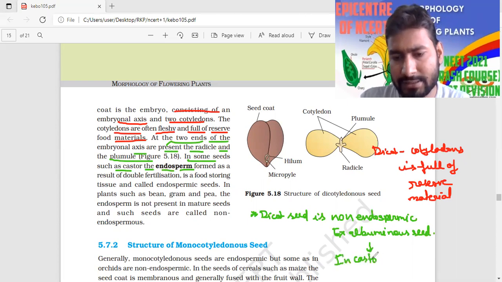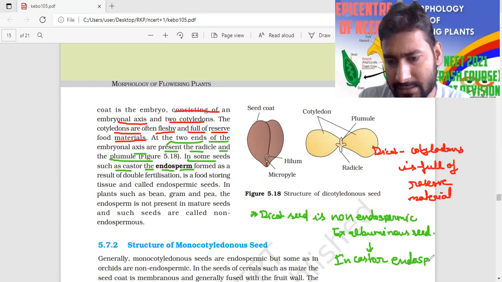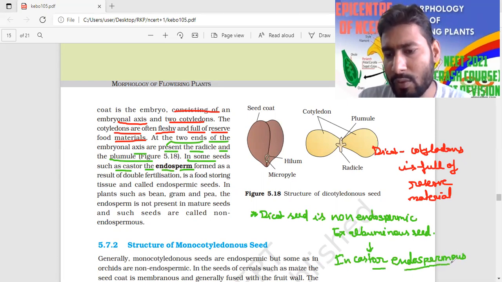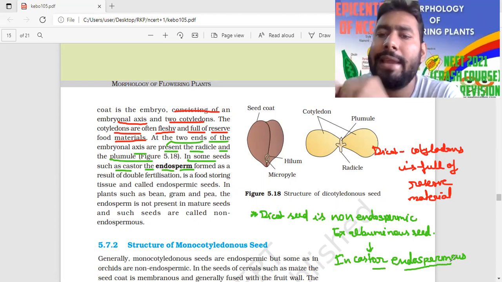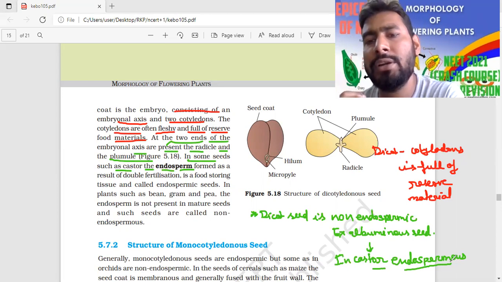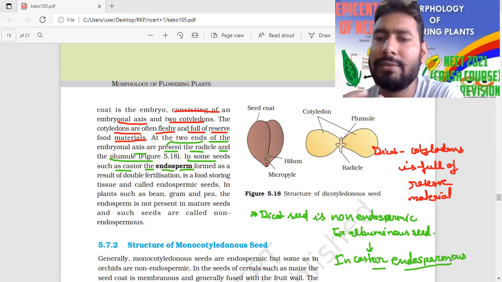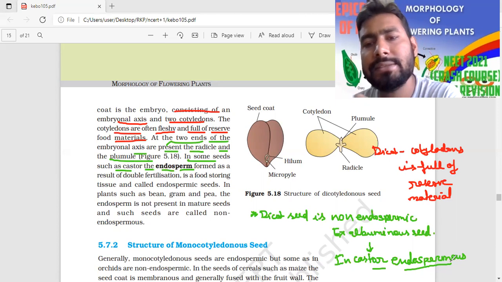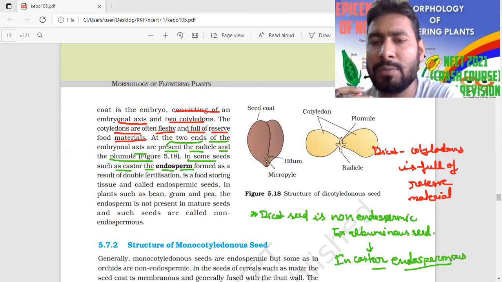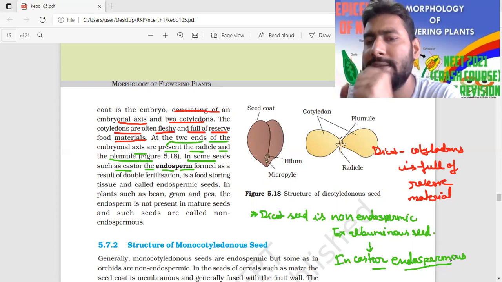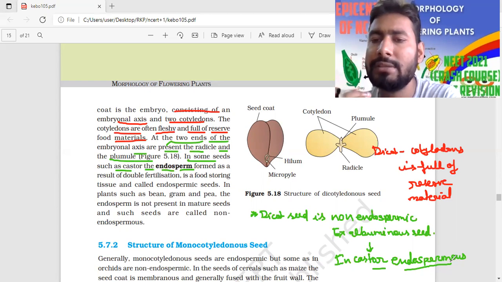Castor is endospermic because it has the reserve food material in the endosperm.